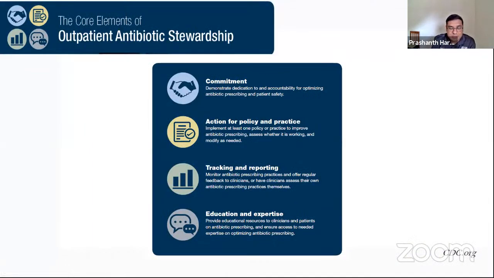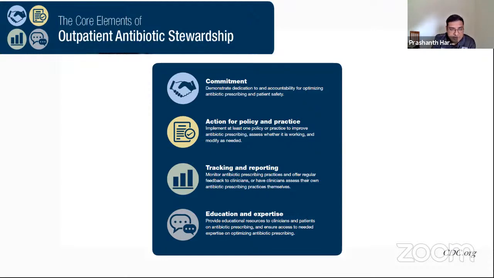The CDC has put up four main core elements in an outpatient antibiotic stewardship program. I'm only going to focus on the outpatient setting; I'm not going to be talking about the hospital-based setup, because as dentists, we deal mostly with ambulatory care and outpatient settings.